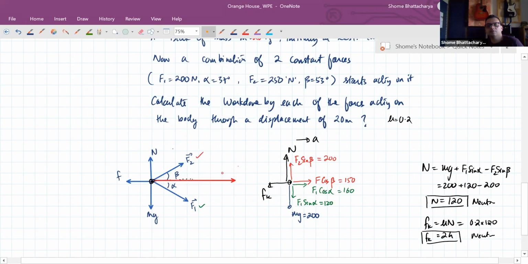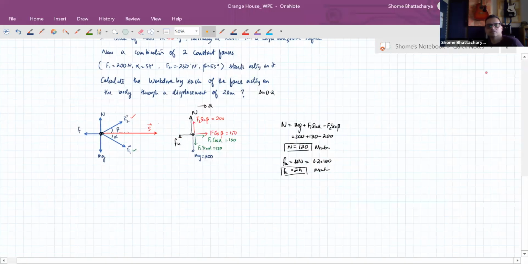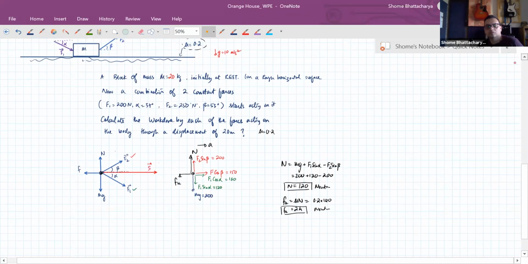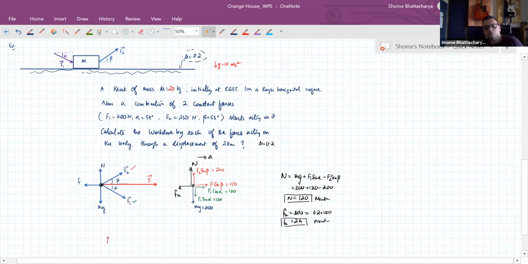So from this now you can calculate the work done by each of the forces. So calculate. Next thing, I want to calculate work done by F1, F2, normal reaction, weight, and friction.